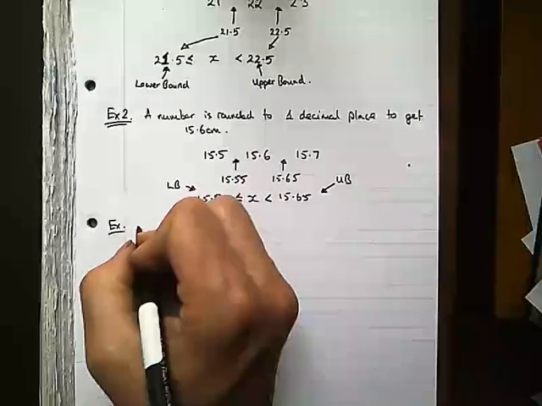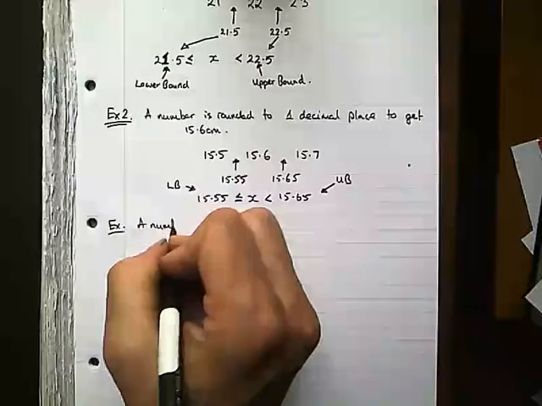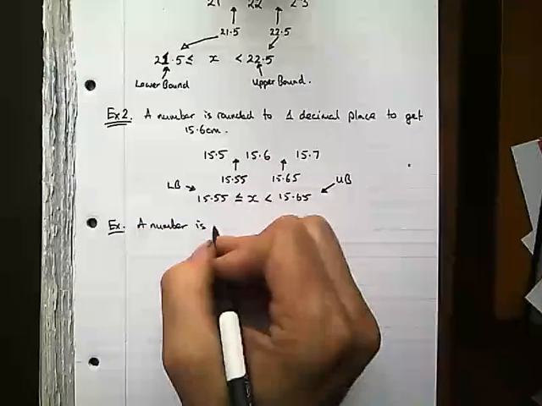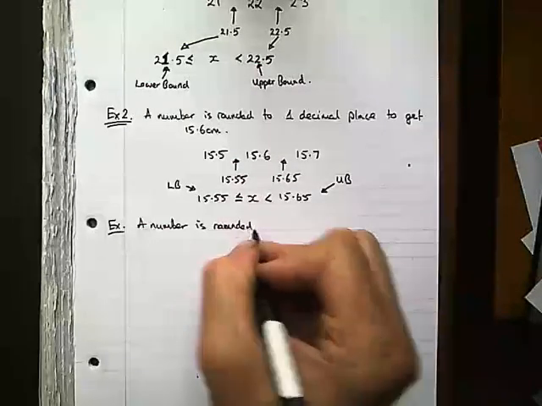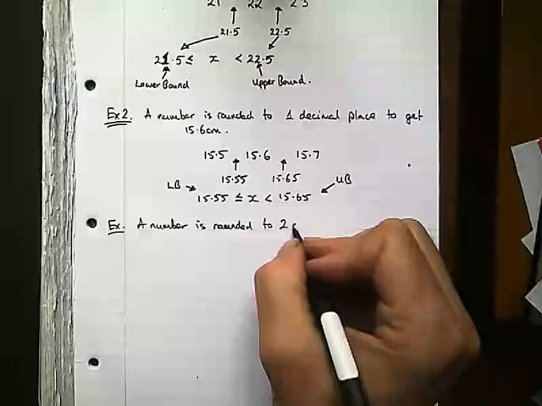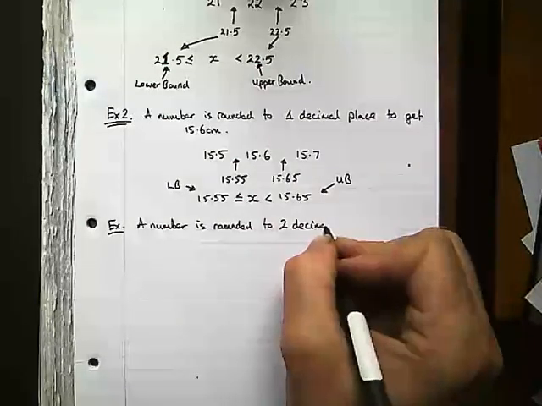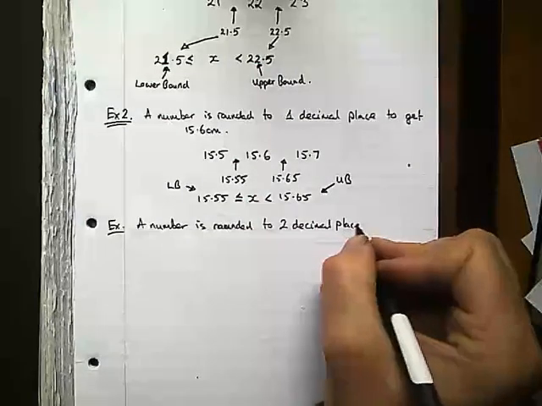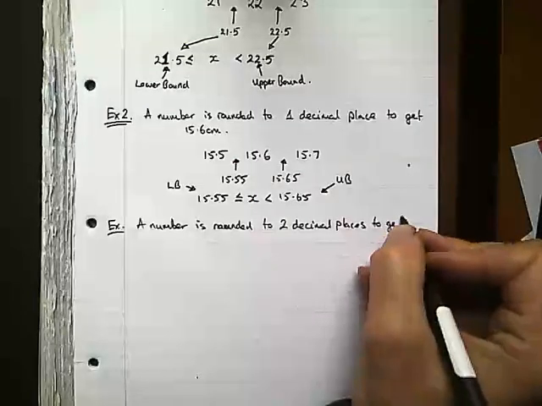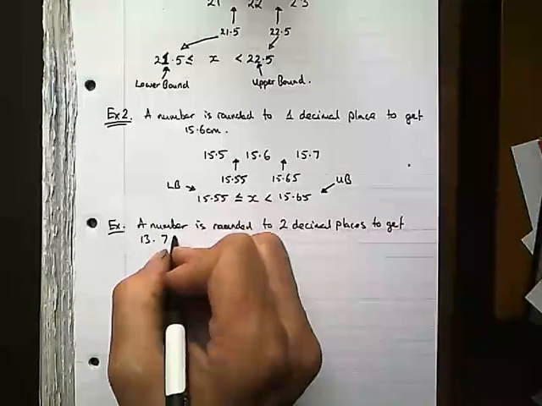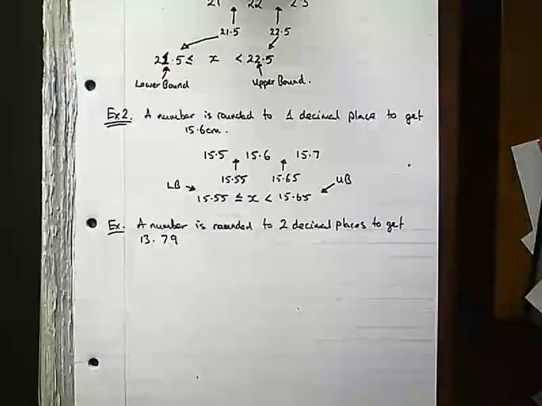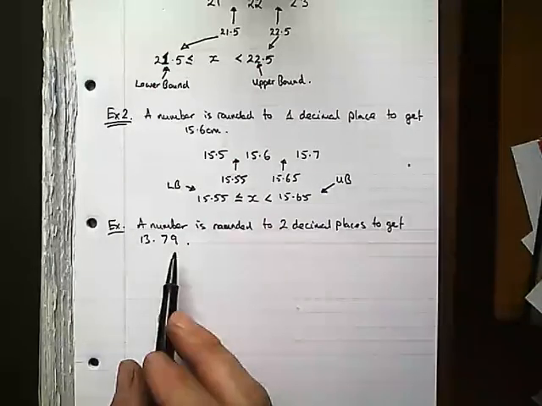A number is rounded to 2 decimal places to get 13.79. So now I want to write down the interval for something that's been rounded to 2 decimal places.